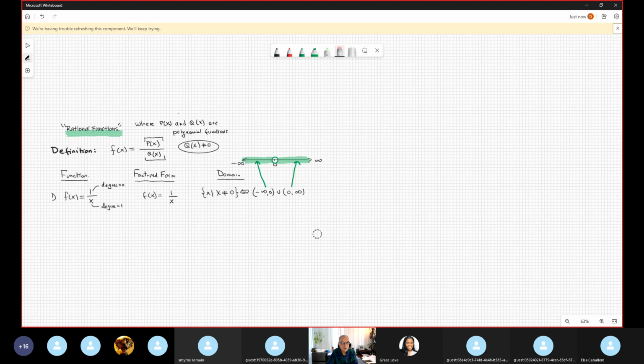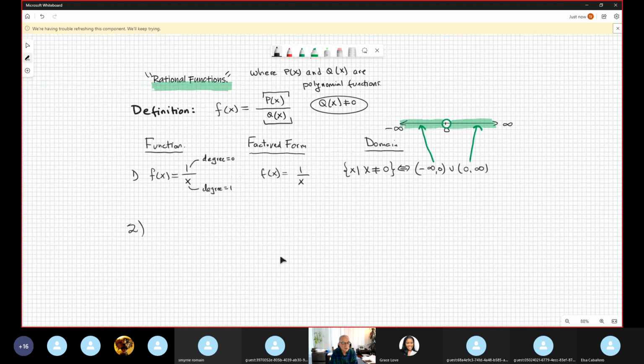Okay, now let's do another example, no? At least today, example 2. Example 2 is easy. It's the function I want to call g, is the name. It's equal to, on the top we have a monomial, and on the bottom we have a trinomial.